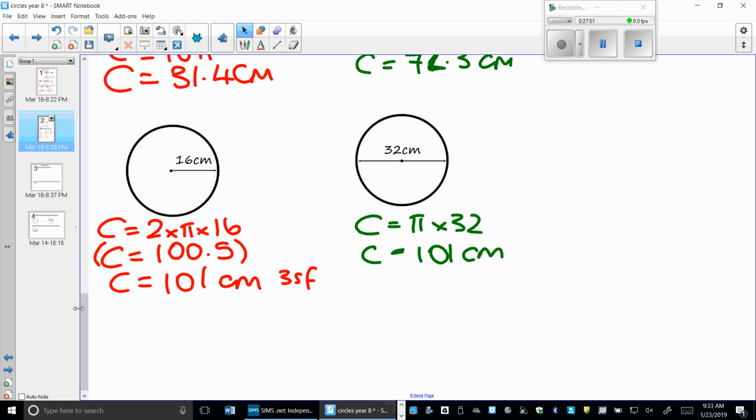So these are actually exactly the same circle. That was sneaky, wasn't it? But it's a good thing to make sure that you appreciate that you get exactly the same answer. If you've got the radius or the diameter, you just need to choose the correct formula.